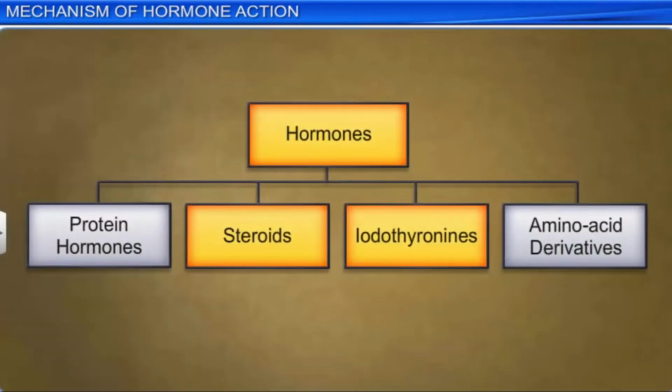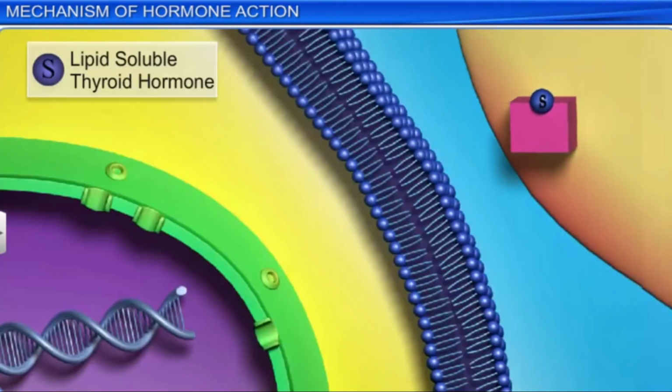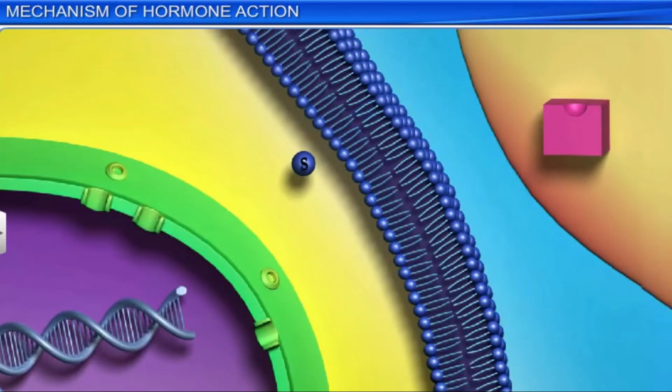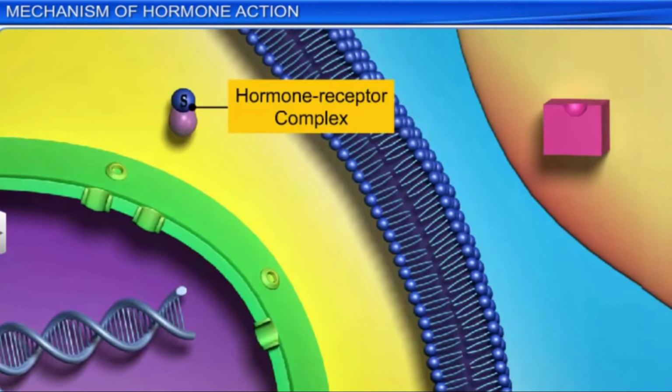In contrast to non-steroid hormones, steroid and thyroid hormones are lipid-soluble. They can therefore enter the target cells through the bilipid layer of the plasma membrane by binding to intracellular receptors in the cytoplasm or nucleus to form a hormone receptor complex.